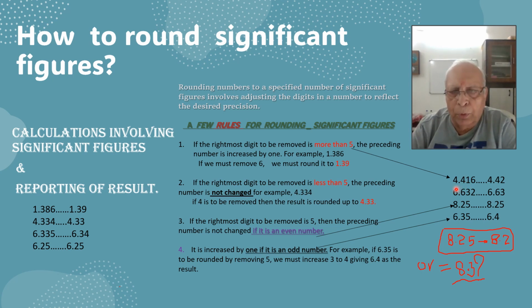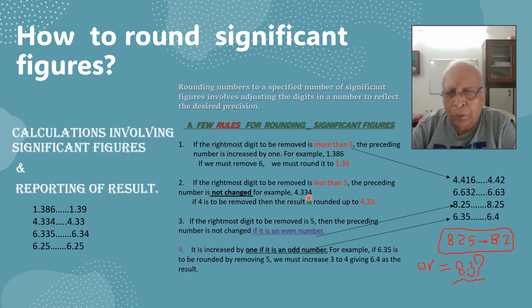So 4.416 would become 4.42. Of course, the example here is a different example, 1.386. It becomes 1.39, the same way. Now, if the rightmost digit is less than 5, 5 is important, then the preceding digit is not changed.